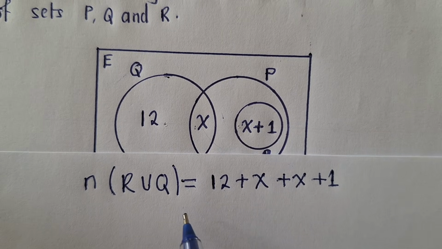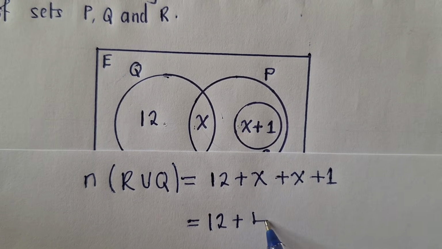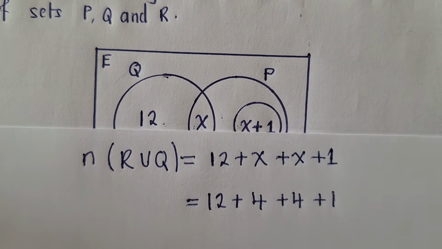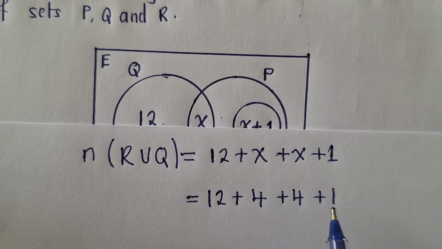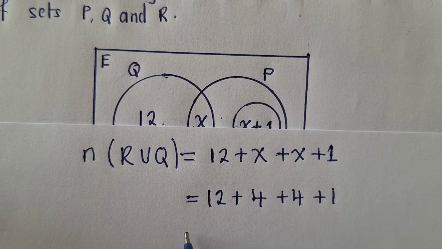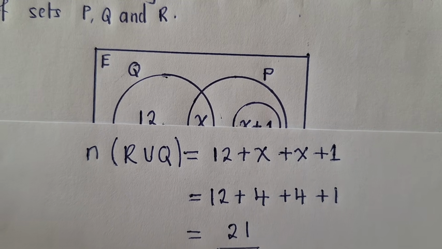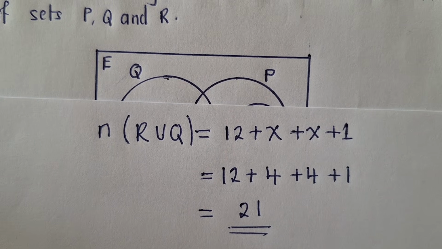Here we can substitute the value of X, which is 4. When we simplify here, for these two, we're getting 16. 16 is giving us 16, 17, 18, 19, 20, 21. So this is giving us 21. The answer here for question number 3 is 21.